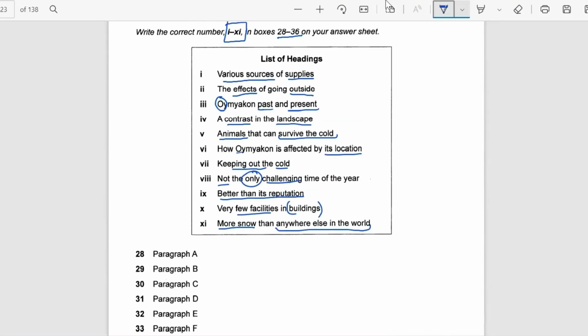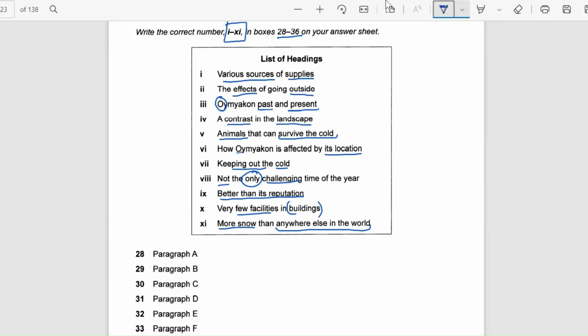So now when we come here and look at the options, obviously supplies are not being talked about. There was no effect of the person having gone outside and the effect then being depicted. Then obviously it is also not talking about any past or present reference or a contrast. There is no contrast in the landscape per se.